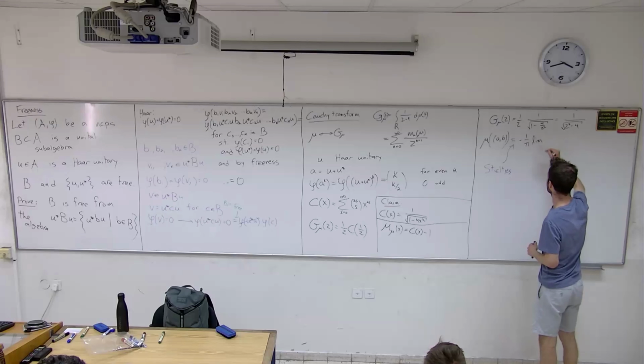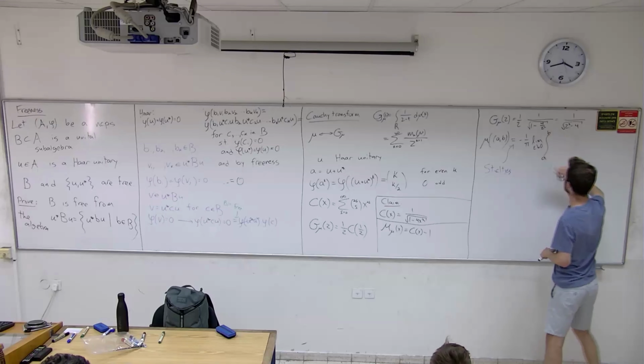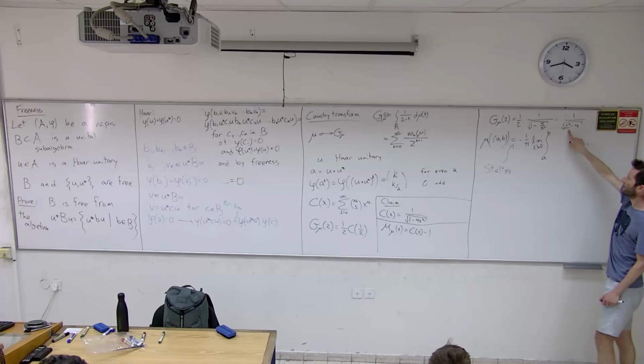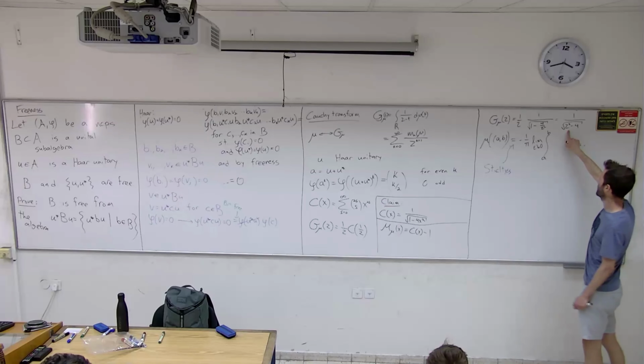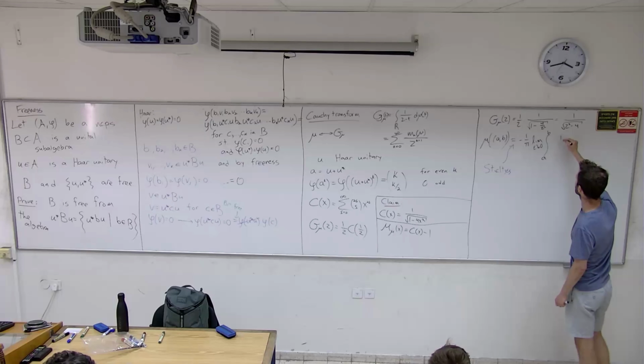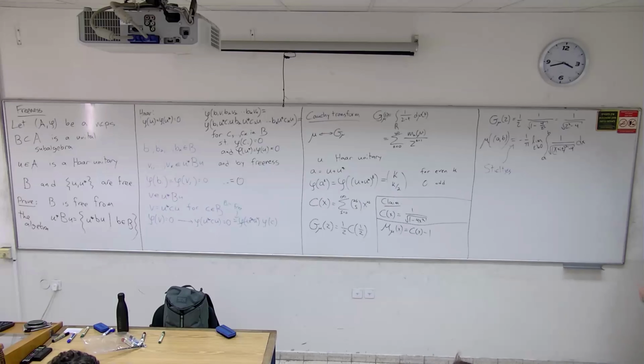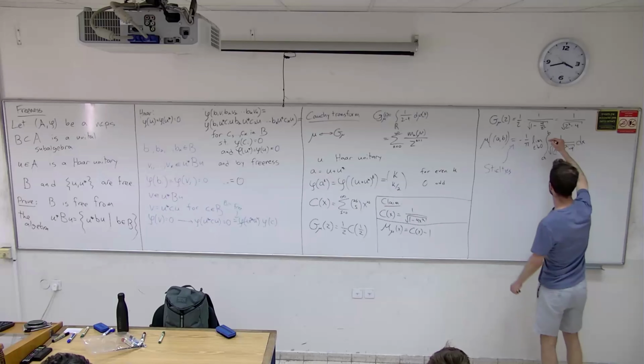Let's write it one time properly. Limit epsilon goes to 0 of the integral between a and b of this thing, where for z I write x plus i epsilon. So this is 1 over x plus i epsilon minus the square root of (x plus i epsilon) squared minus 4, dx. Imaginary part.